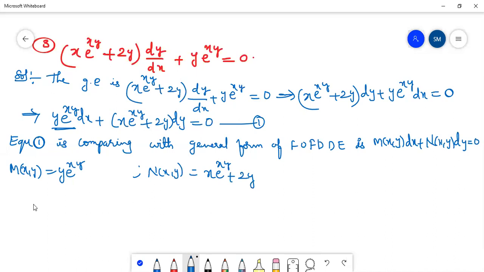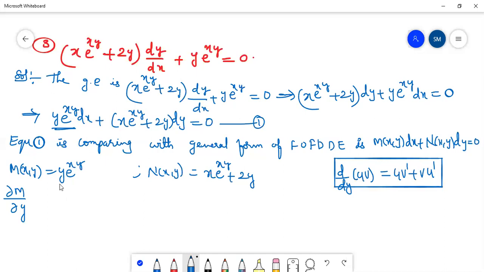Now we can go through the condition of the exact, that is nothing but m differentiating with respect to y. And again we can take the suitable formula, d by dy of uv is equal to u v dash plus v u dash. Here y is u, e power xy is v. So here u v dash, y e power xy, derivative of e power ay is equal to a into e power ay.